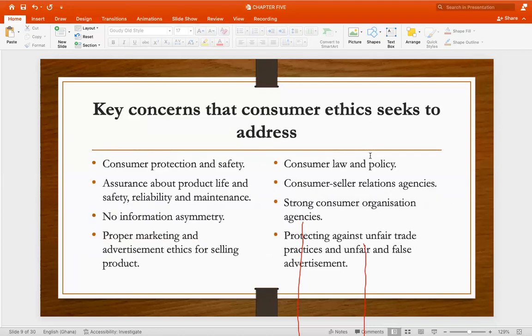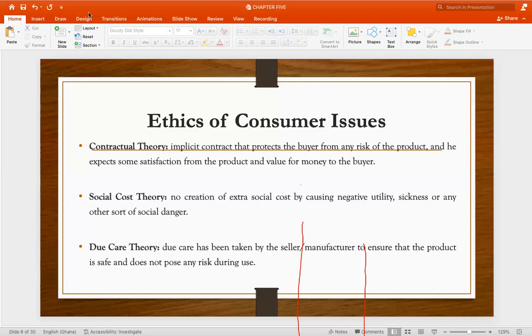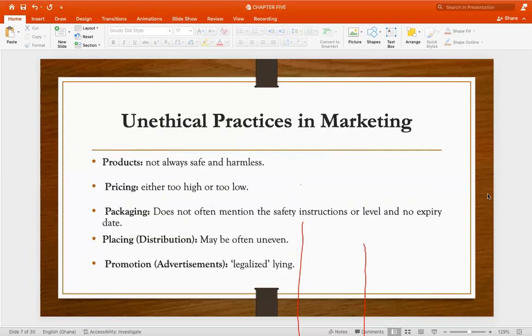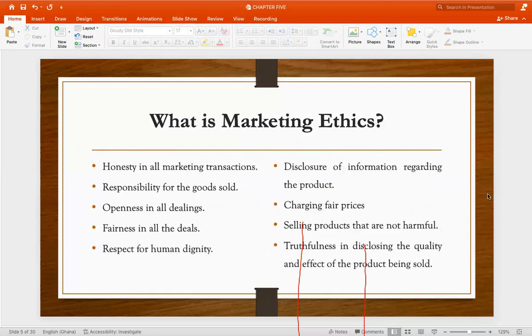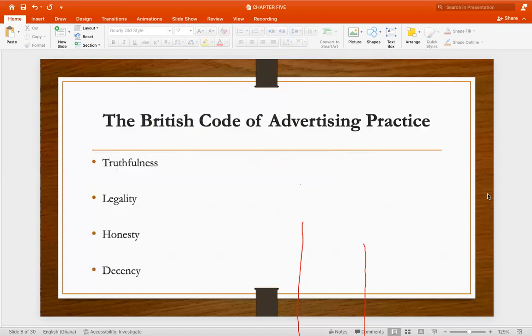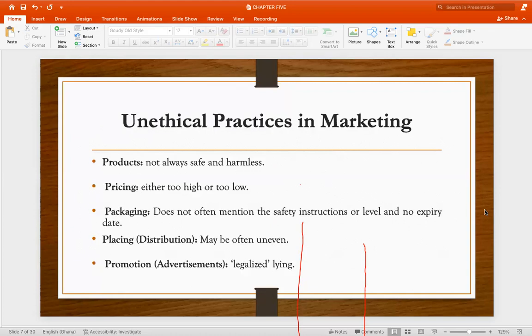Before we get to key concerns, you can see from these theories why there has been a shift from the buyer beware maxim to seller beware. In time past, if you had a case and went to court, the judgment would be based on whether, as a buyer, you did your due diligence. Did you check the expiry date, and so on?